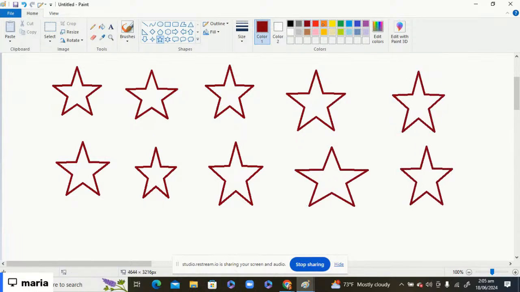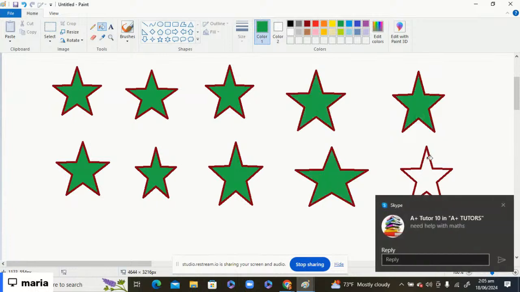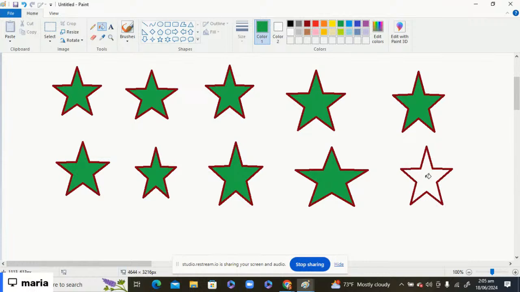All right. These are the different stars. So you tell me how many of it. How many total stars are there? Count it, please, and then tell me how many.